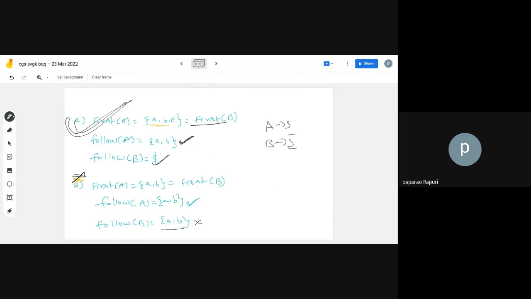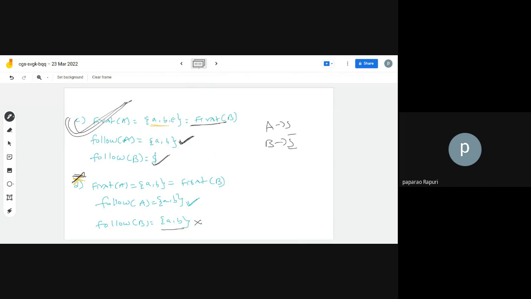So this is the way, sir, for constructing follow and first for any given grammar. For every non-terminal, we need to construct the follow and first. If you clearly understand this, or if you are able to construct the first and follow, construction of the SLR1 table takes just 5 minutes, sir.